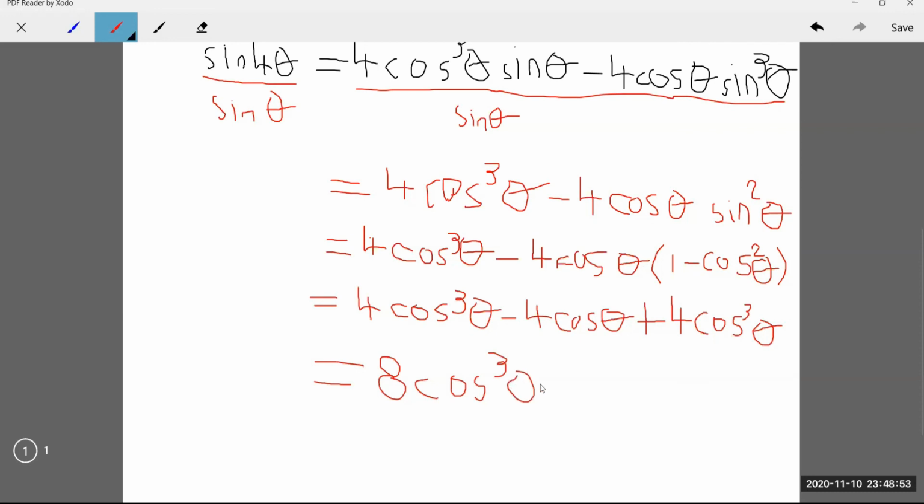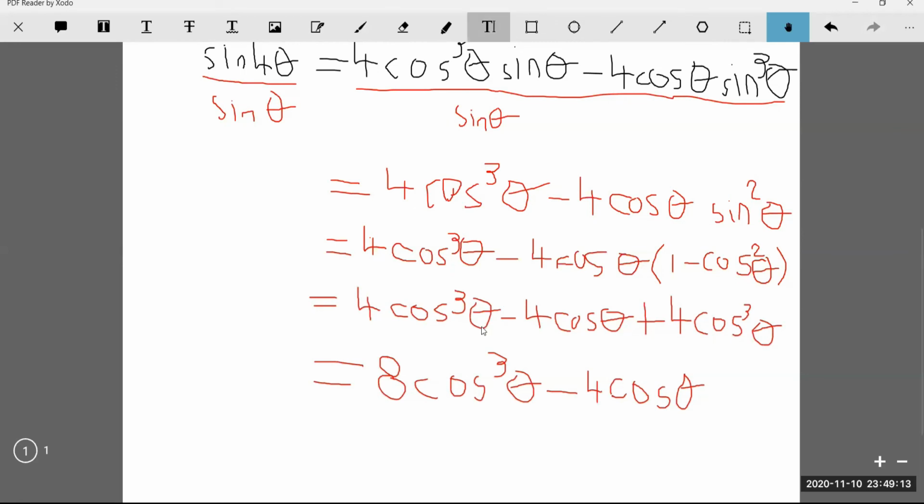And that's sine 4 theta over sine theta. A very easy question. Since we're proving it, we just write "soft" with a capital T, with an exclamation mark, too easy.